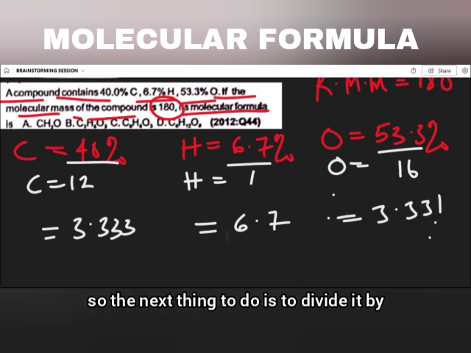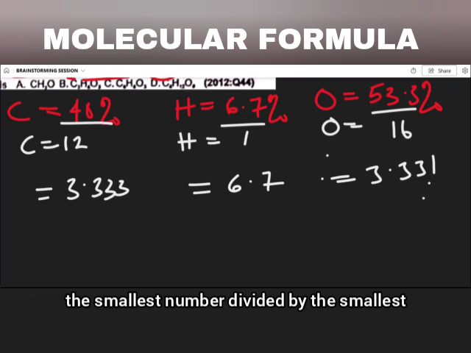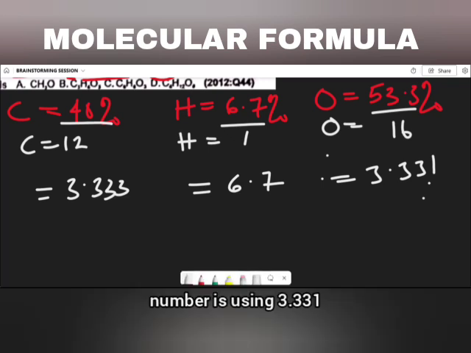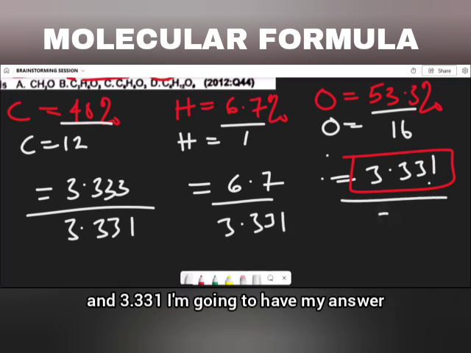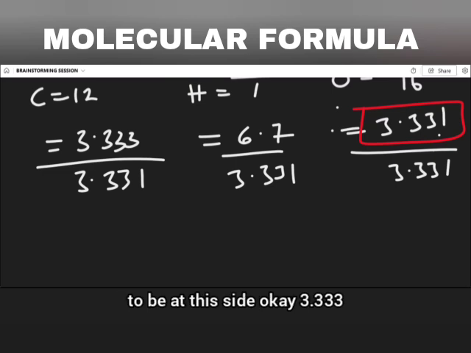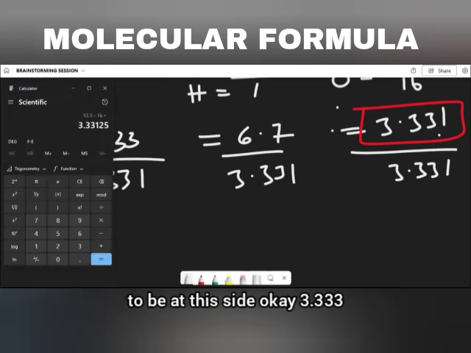So the next thing to do is to divide by the smallest number. Dividing by the smallest number, which is 3.331. So when I divide each of the numbers by 3.331, I'm going to have my answer at this side, okay?